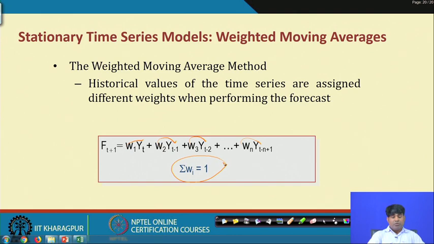Now, if it is unequal weight, then what are we supposed to do? There are various mechanisms through which you can bring that weight, maybe a qualitative structure like the Delphi technique or some experts' opinion through which we can assign the weight factors, which may or may not be reliable, but mechanically there is a method through which you can justify, and that is more practical and more reliable.